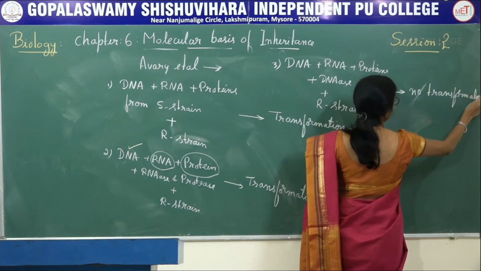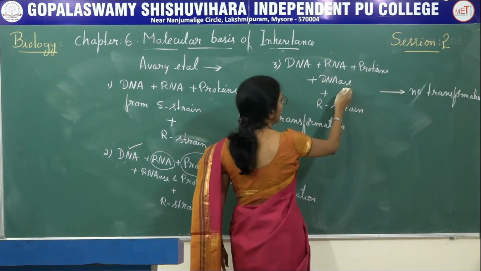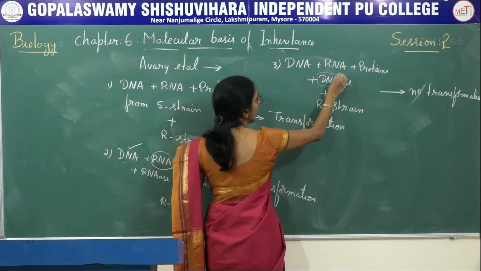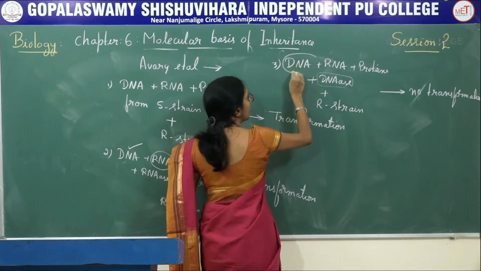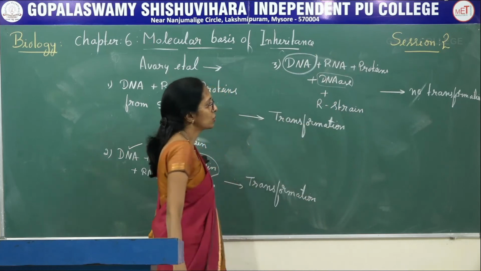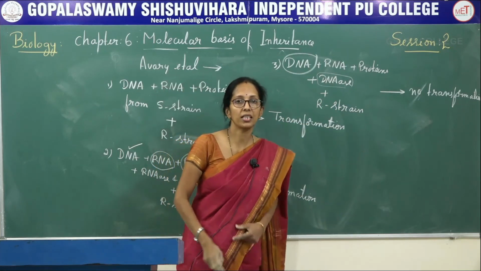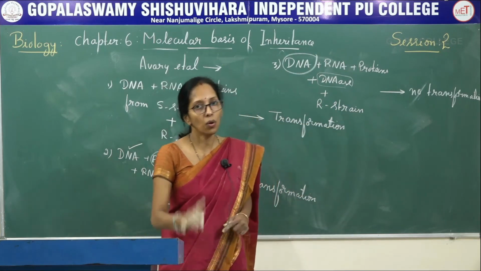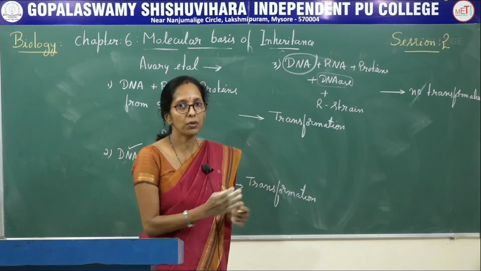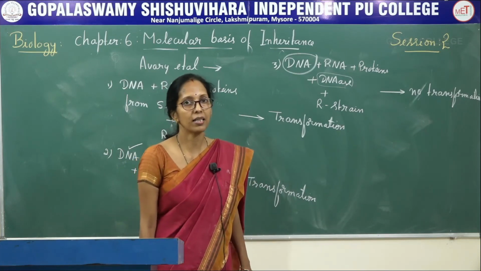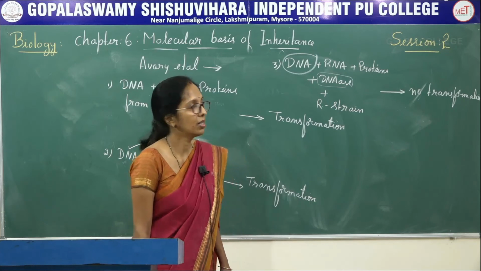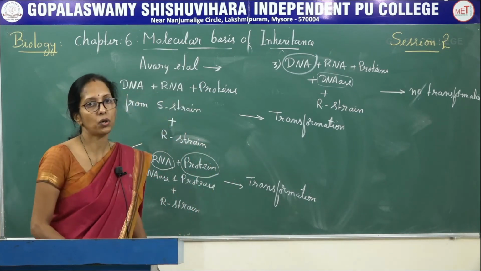That means the DNase enzyme destroys the DNA. So, in the absence of genetic material, there is no transformation, which proves that the DNA acts as a genetic material. So, this is about the Avery et al.